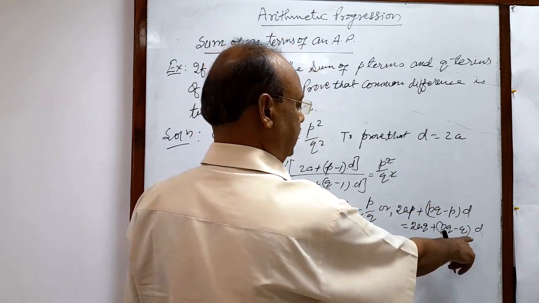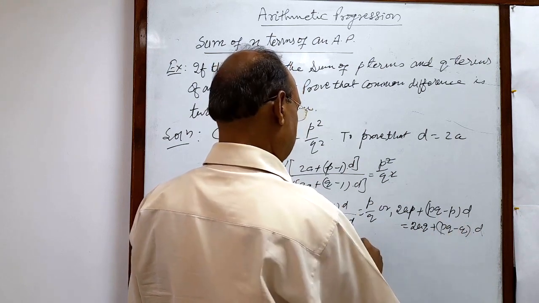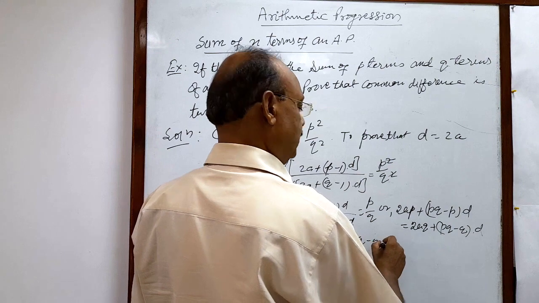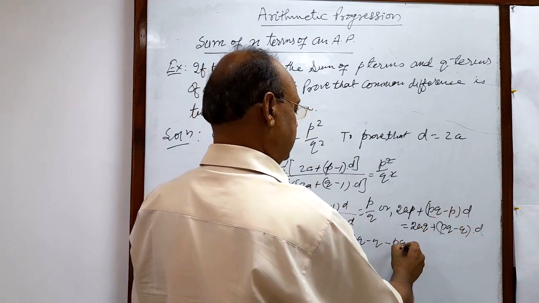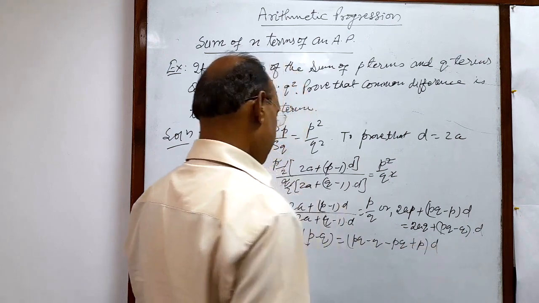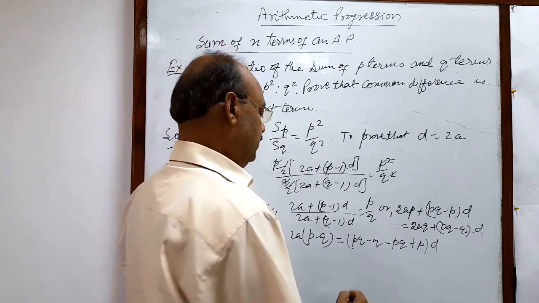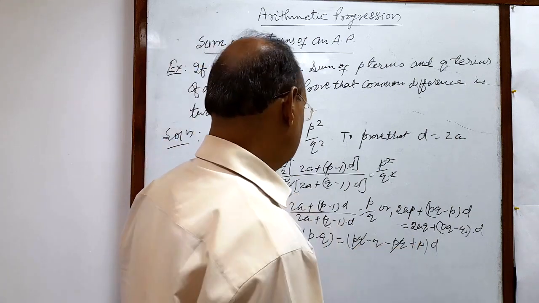So d into this much, we can take d common. So here we are getting pq minus q, and if it is transposed to the right hand side we will get minus pq plus p, into d. Correct? Now you see here pq and minus pq are cancelled out.